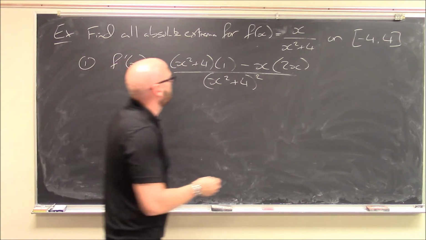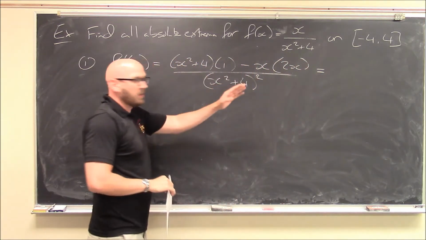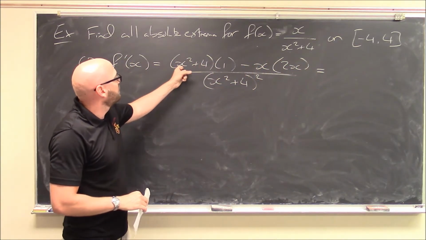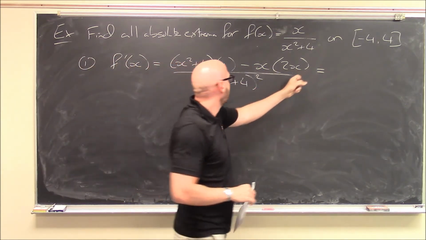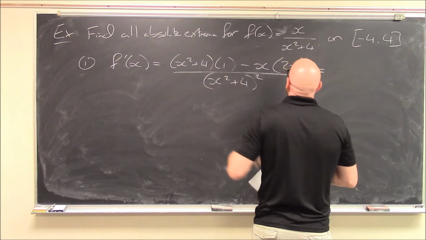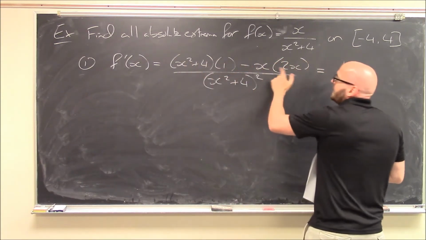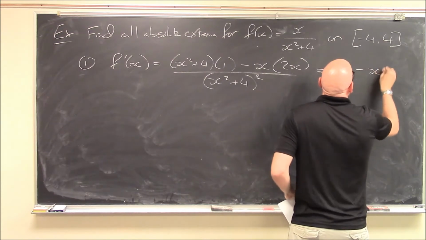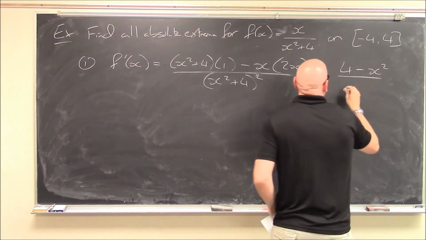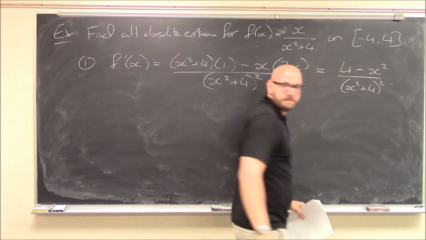And if we clean this up just a little bit, we'll do this all in one go. Let's put the constant first. We've got 4 times 1 is 4. So 4 minus x squared minus 2x squared is minus x squared, all over x squared plus 4 squared.